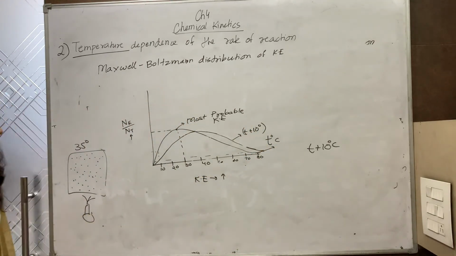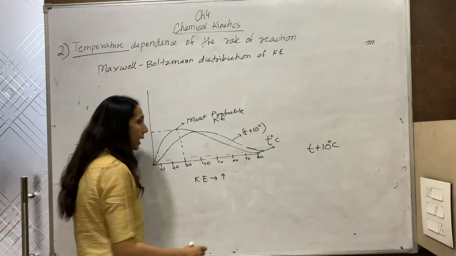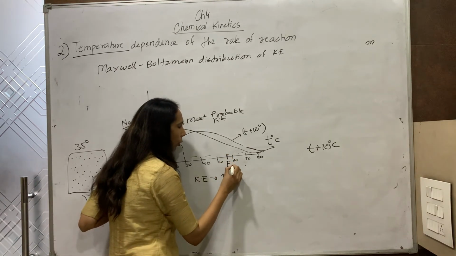Now in this graph, I plot EA, the activation energy required for this reaction taking place. Suppose this is the activation energy, this is EA I have plotted.